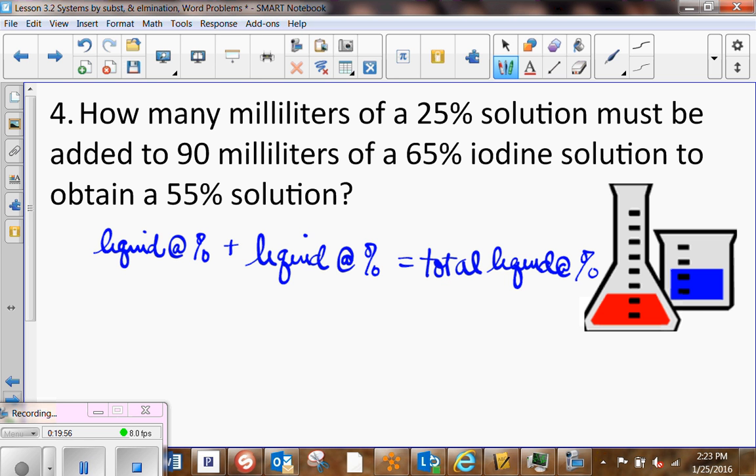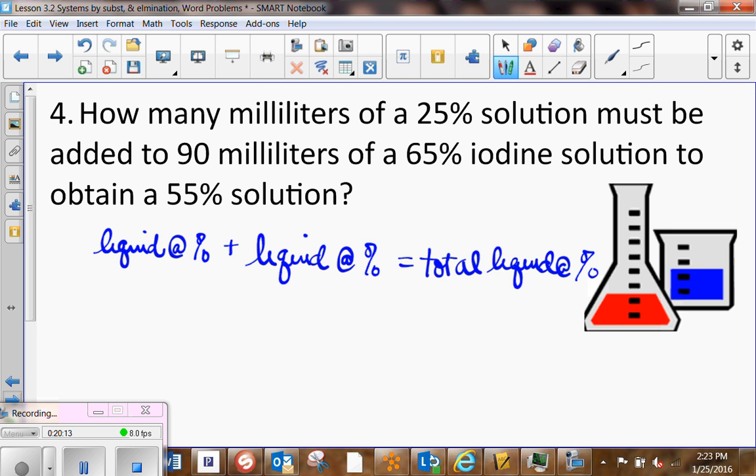So some liquid at a certain percent, plus another liquid at a certain percent, will give me the total liquid at a certain percent. And that will work for 99% of these problems. So let's see what we got.